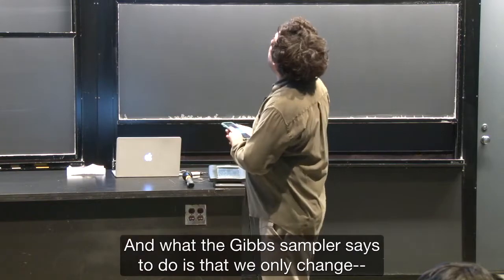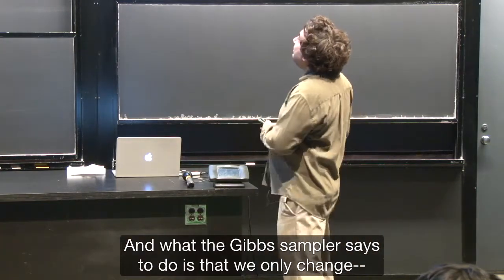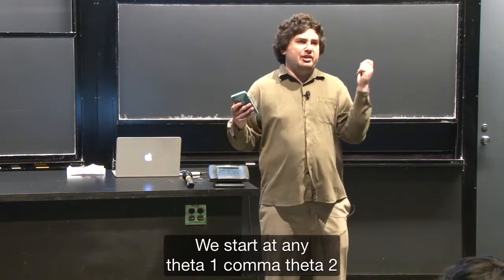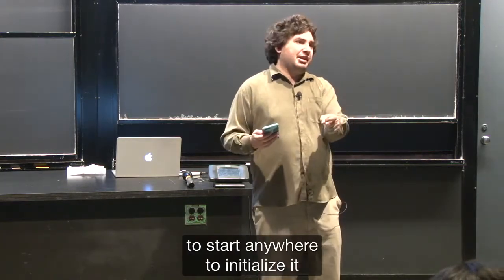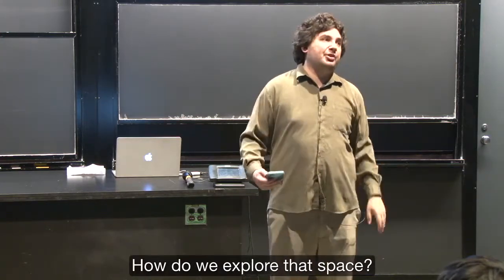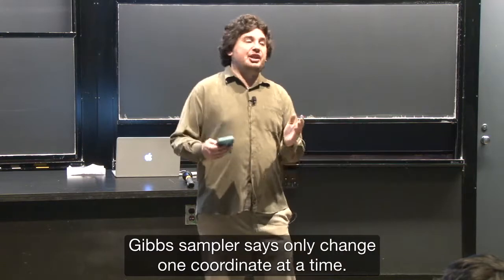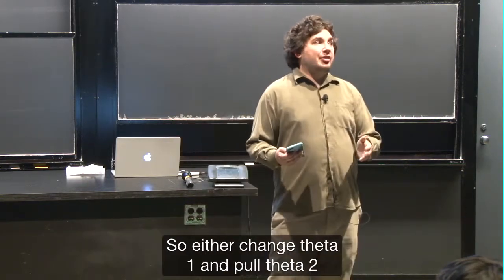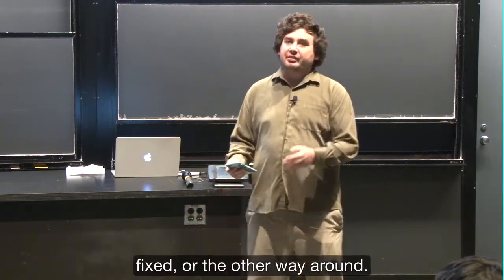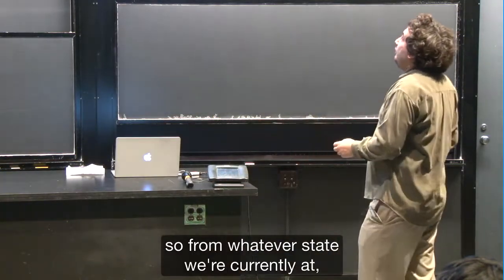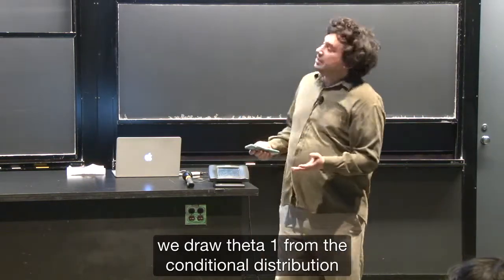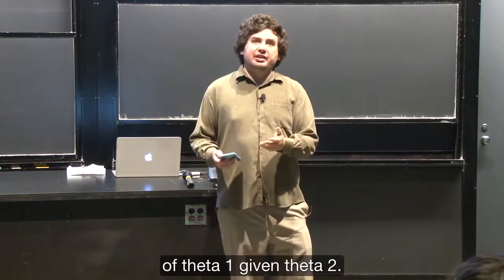What the Gibbs Sampler says to do is that we start at any theta 1, theta 2, just start anywhere to initialize it. And then the question is, how do you make moves? How do you explore that space? Gibbs Sampler says only change one coordinate at a time. So either change theta 1 and hold theta 2 fixed, or the other way around. From whatever state we're currently at, we draw theta 1 from the conditional distribution of theta 1 given theta 2.